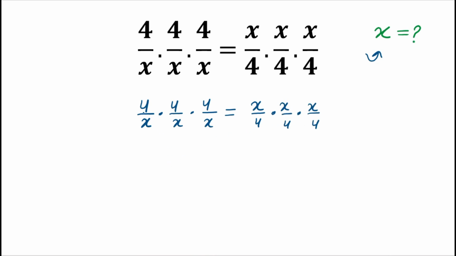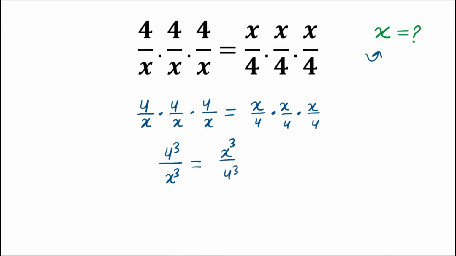On the left hand side, the numerator is 4 times 4 times 4, which is 4 power 3, divided by the denominator x times x times x, which is x power 3. This is equal to, on the right hand side, the numerator x times x times x, which is x power 3, and the denominator 4 times 4 times 4, which is 4 power 3.